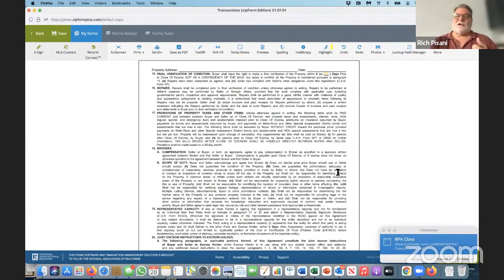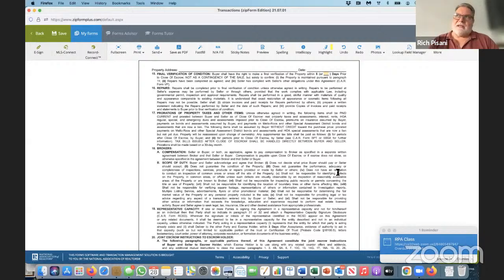It's to make sure that the house is in the same condition as it was when you first made the offer, and if any repairs were agreed to be done, that they were done. That's what it's for. Now, if the buyer doesn't want to do it, you still need them to sign a VP waiving the final verification of property. But it's really important.